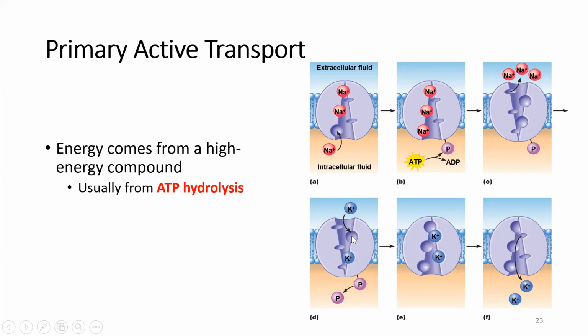Alternatively, it'll bind to potassium on the other leaflet of this pump. It will have another configurational change whereby it hydrolyzes ATP again, and then it'll spit those potassium out on the opposite end of the membrane.